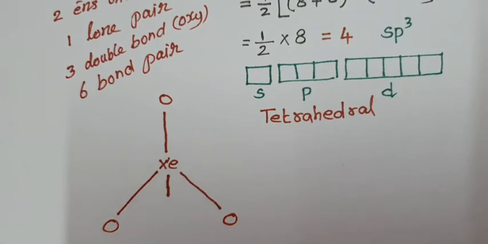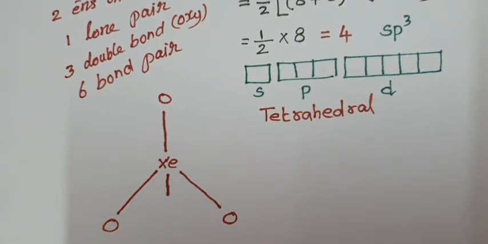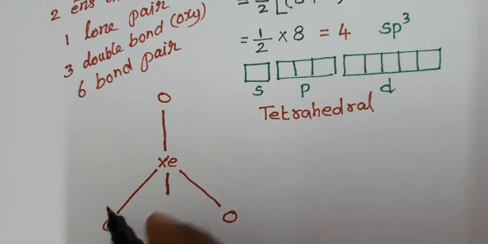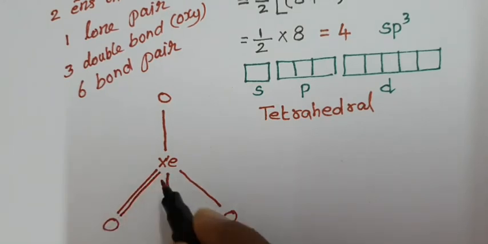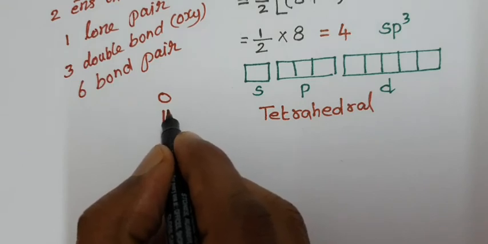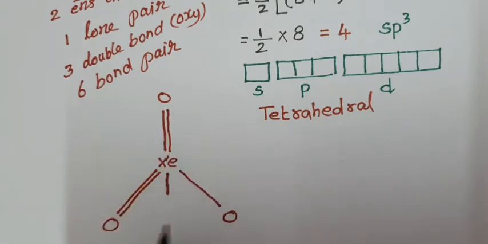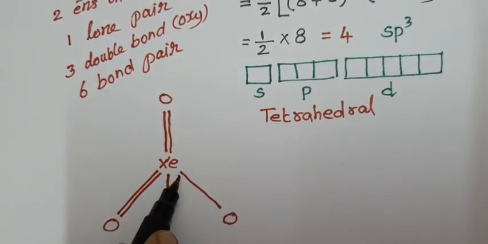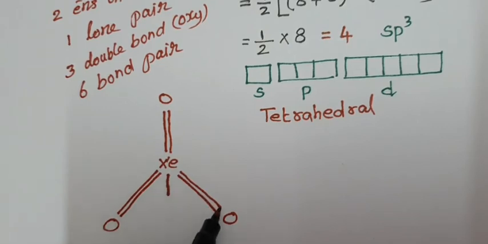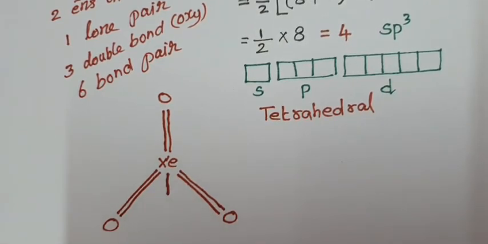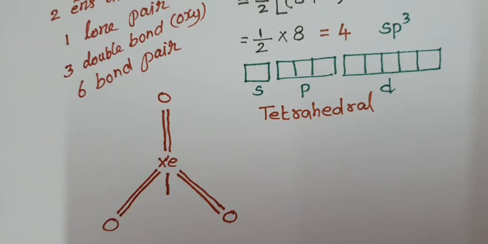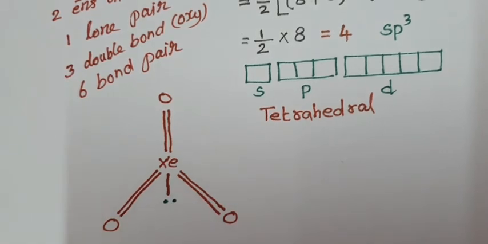We know oxygen always forms a double bond. So here one double bond with xenon. Here you have one double bond with xenon. Here you have one double bond with xenon. And there is one lone pair of electrons above the plane.